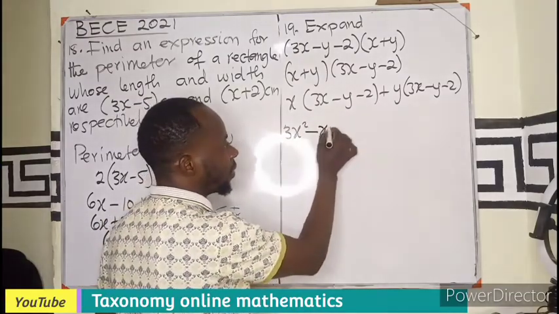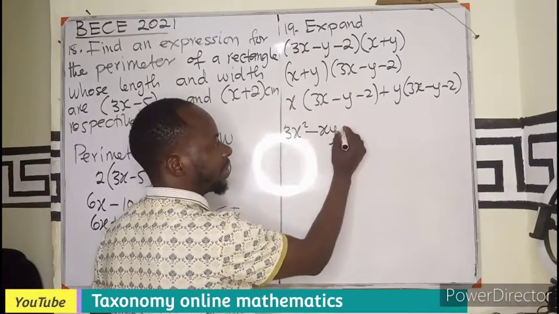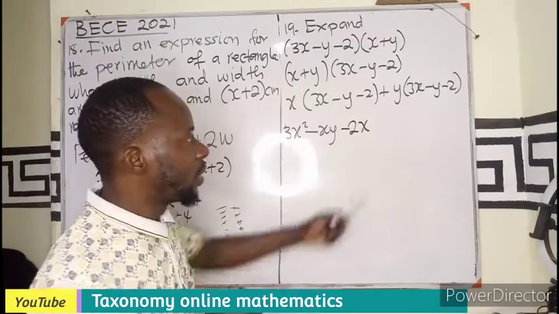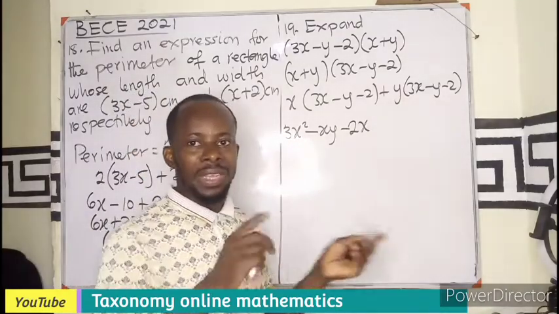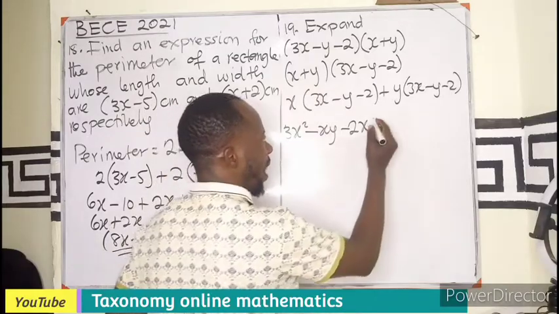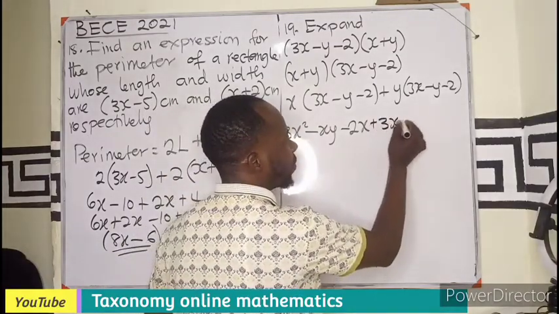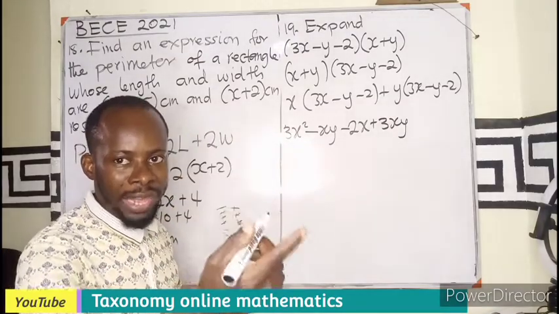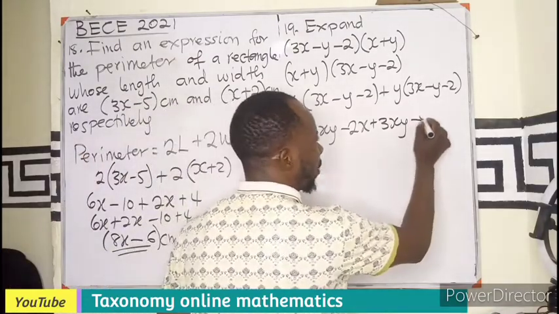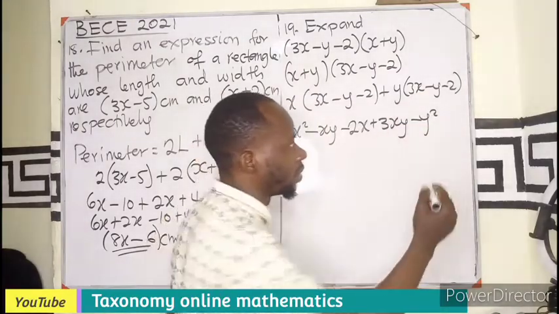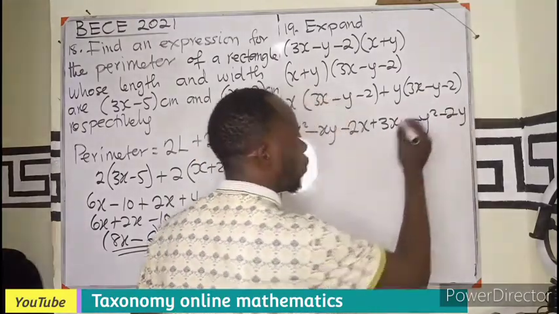So minus xy, x times the constant will only add to the constant. Y times x, since they are not variables that are the same kind, they only double up. So that becomes plus 3xy. Y times y will increase the power of y to be 2. So minus y squared, then y and the constant will only add up to the constant, minus 2y.